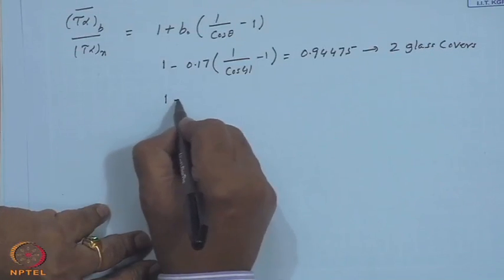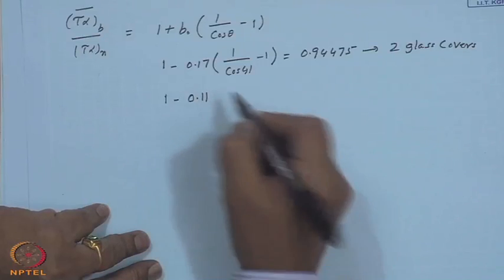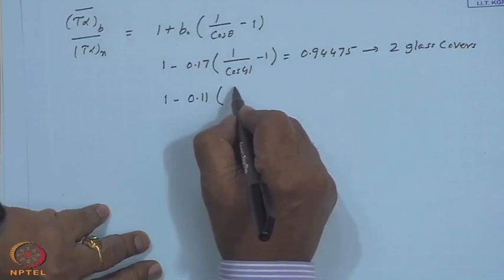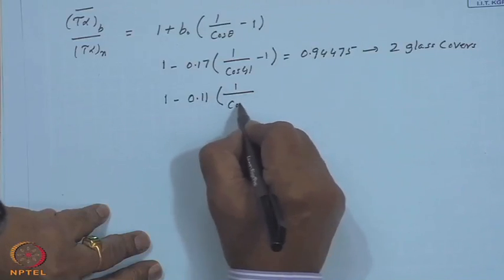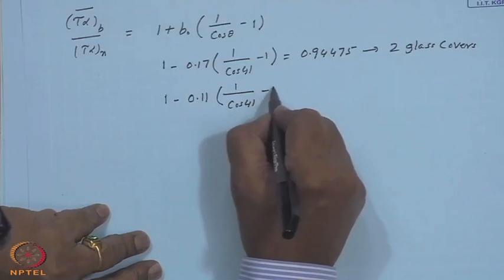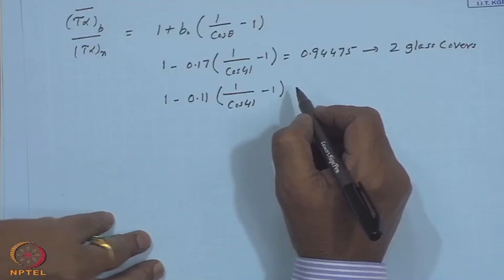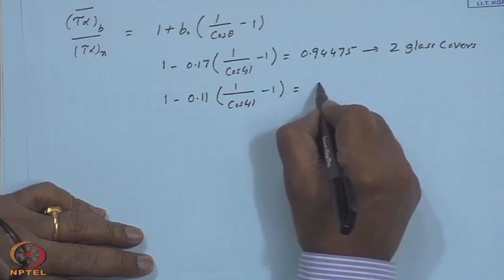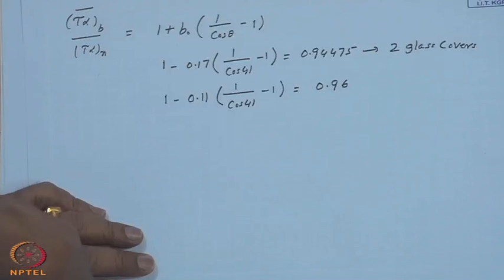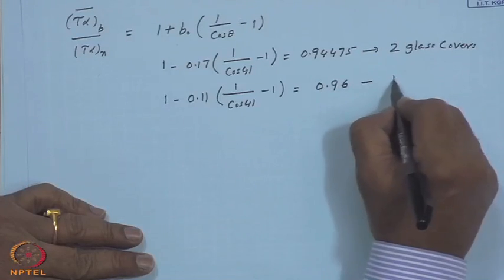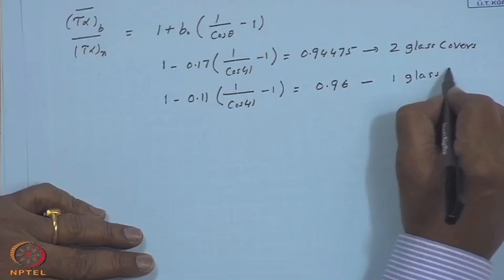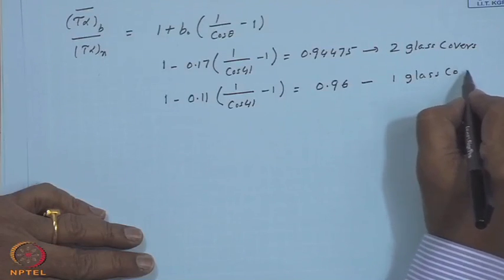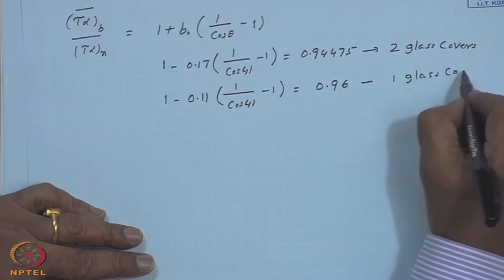And if it is a single glass cover, I use the constant incidence angle modifier coefficient b 0 as 0.11, so 1 minus 0.11 upon 1 upon cos 41 minus 1. This turns out to be 0.96. This is for one glass cover. If you recall the tau alpha variation with theta, one glass cover will be a curve above the two glass covers curve.